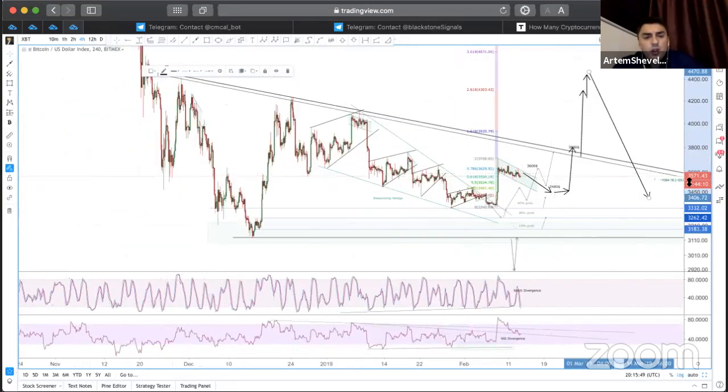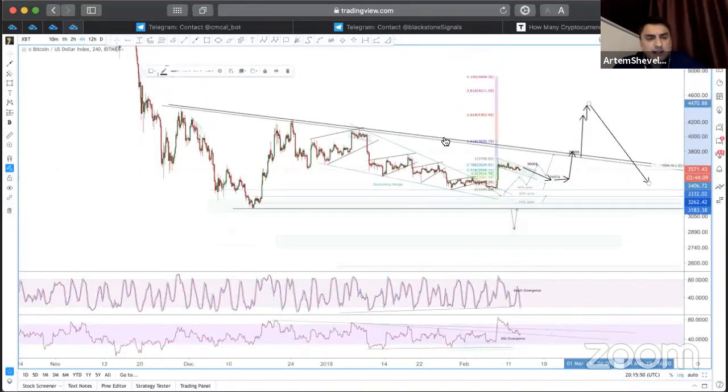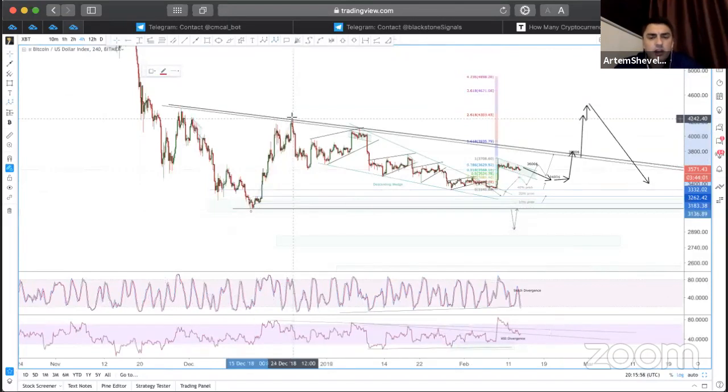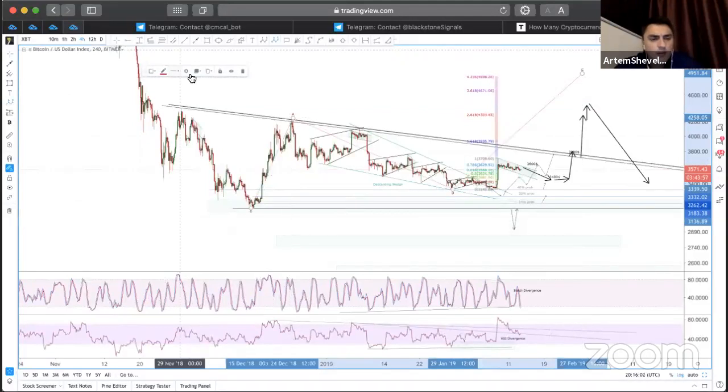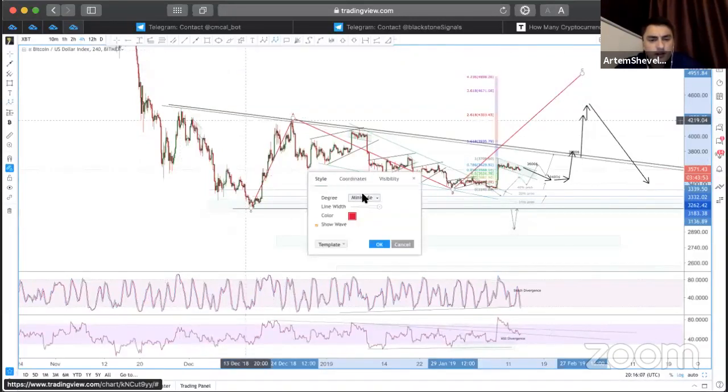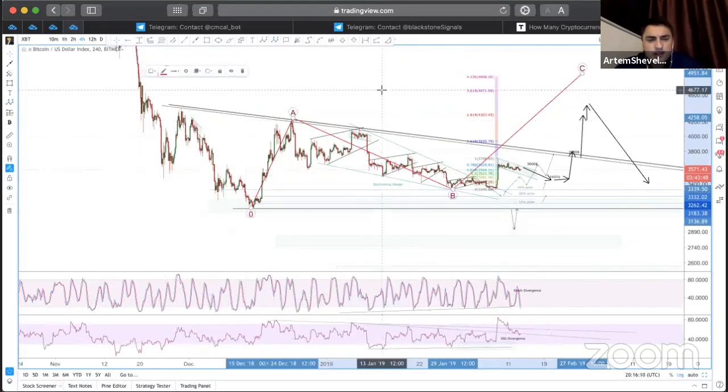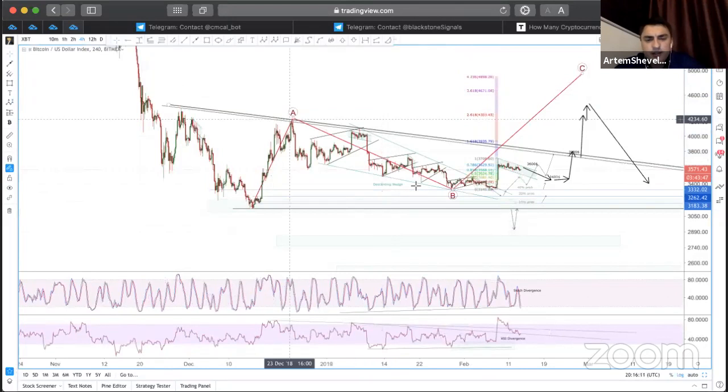And what else we can see from the Bitcoin price action is a corrective cycle, an A, B, C zigzag. I'm going to make it bolder and of another degree, like super millennium. See this ABC zigzag, and it's probably what we should expect.